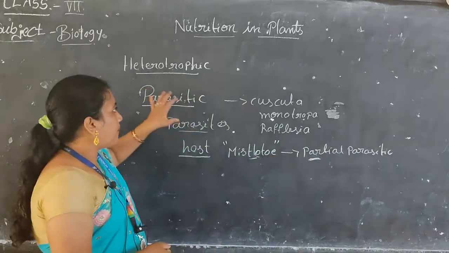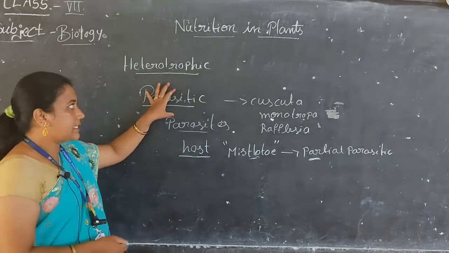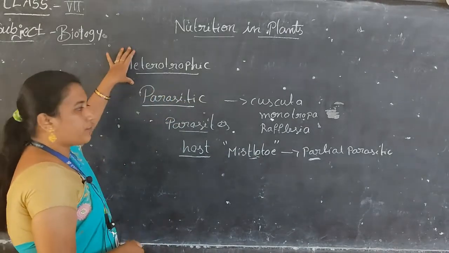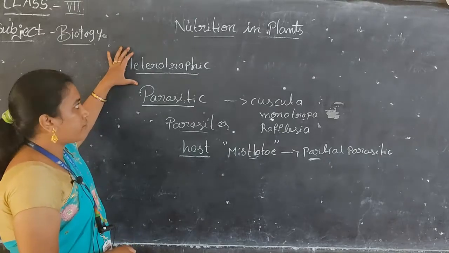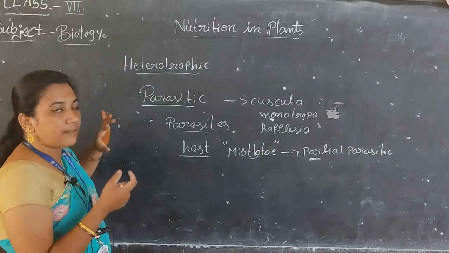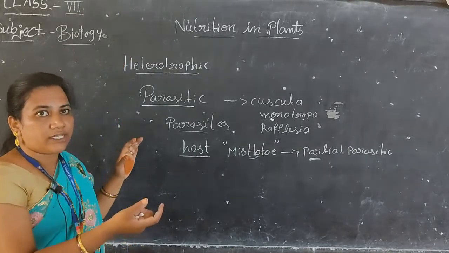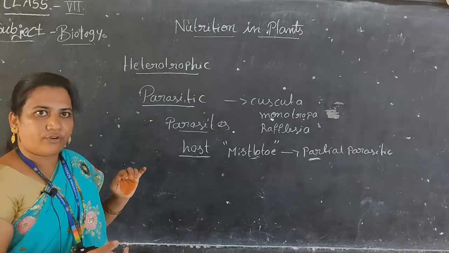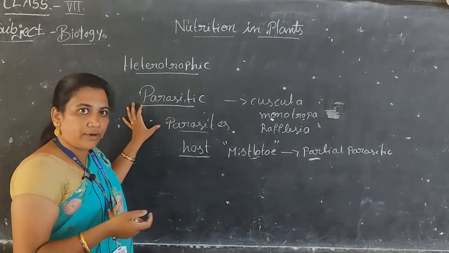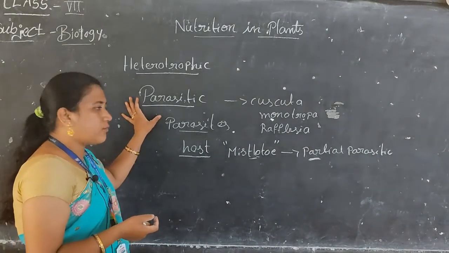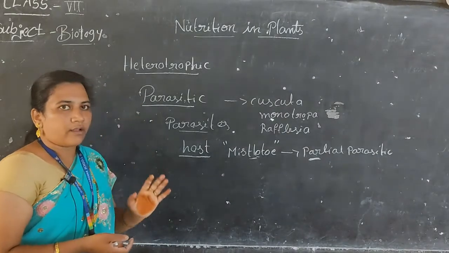So parasitic nutrition is an example of the heterotrophic mode of nutrition, in which organisms depend on other organisms for their food to survive. In the parasitic mode of nutrition, one organism takes complete nutrients from another organism.